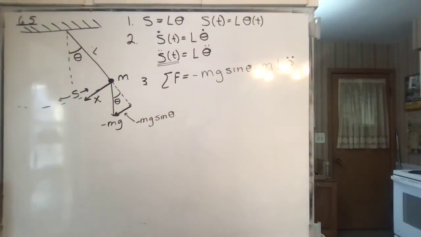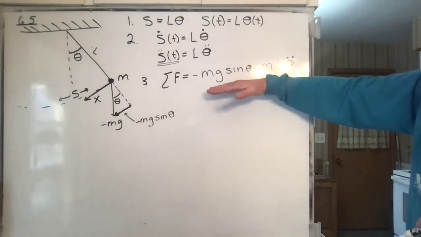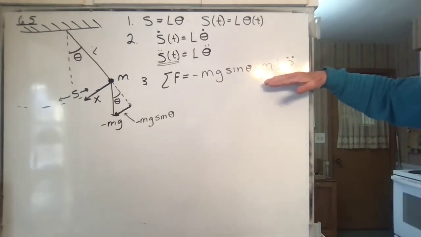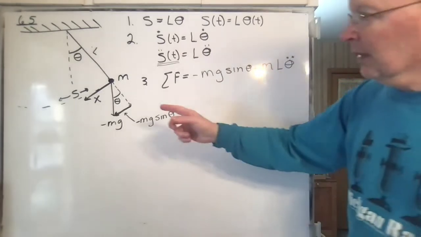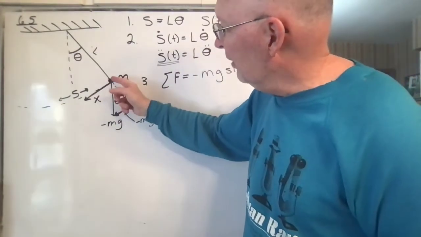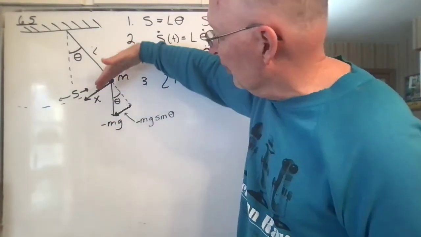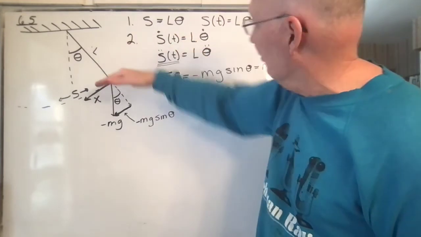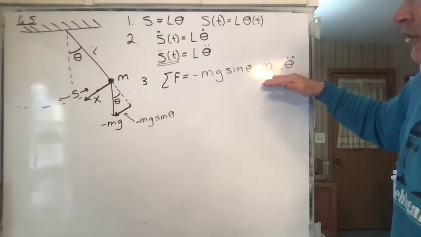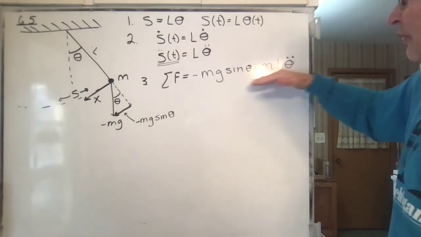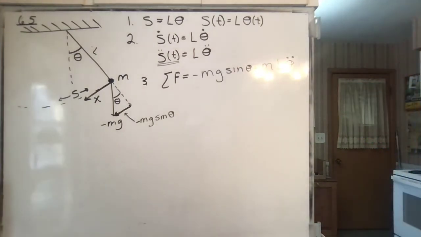So there's Newton's second law: the sum of the forces is equal to the mass times the acceleration. And notice that this is always going to be just in the direction perpendicular to L. That should work. Okay, so there you go.